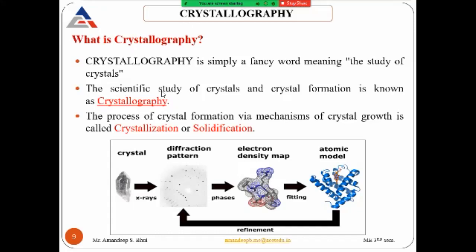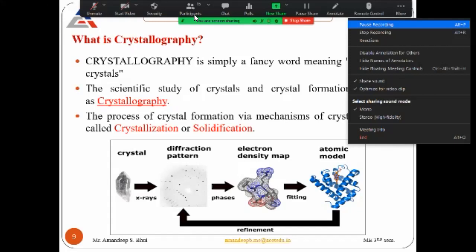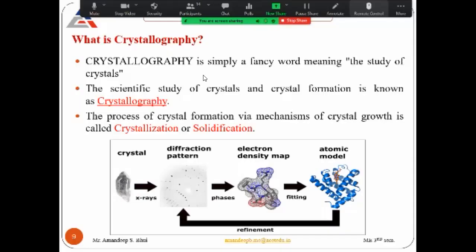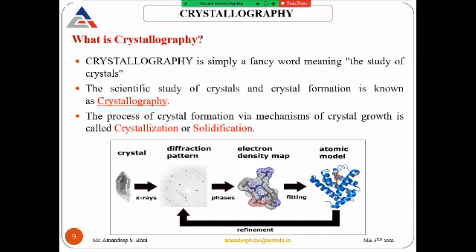And then we study the various crystal formations that are there in the crystalline solids. In crystallography, what we do is we study the crystals. One of the examples is given here where the X-ray diffraction of the crystal solid is shown.